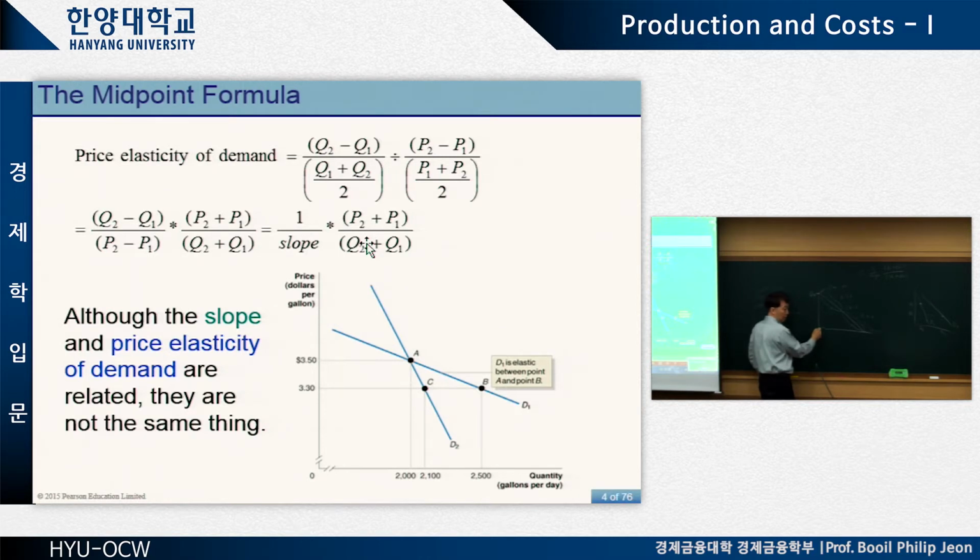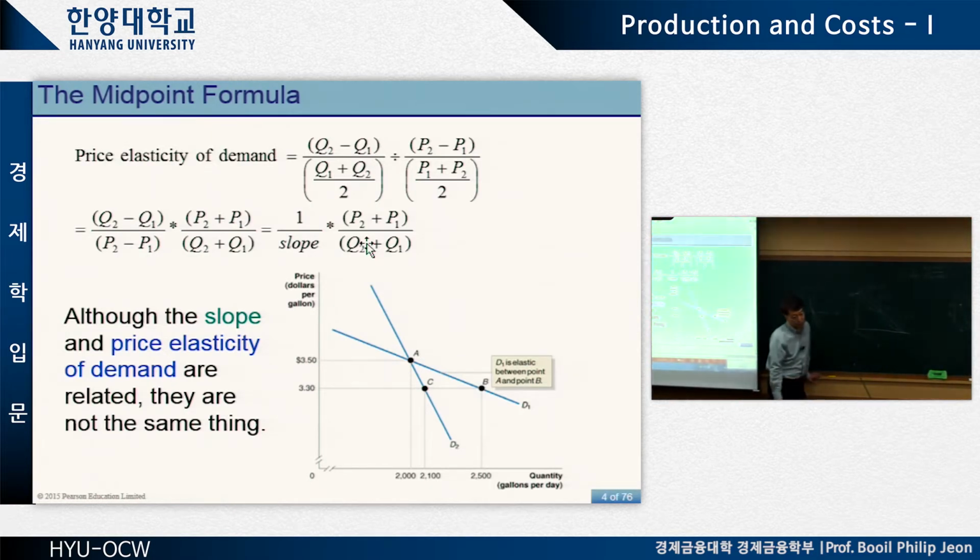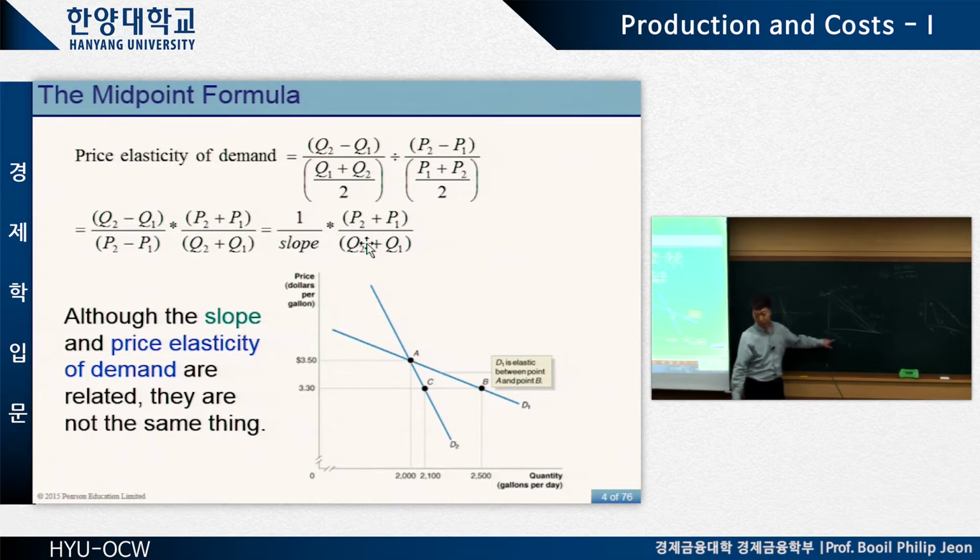If price comes down by a very slight amount to P2, then quantity will be 0.000000001. Q1 will be 0, Q2 will be a very small amount.